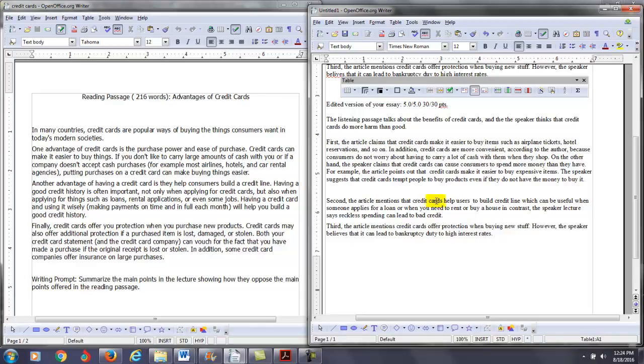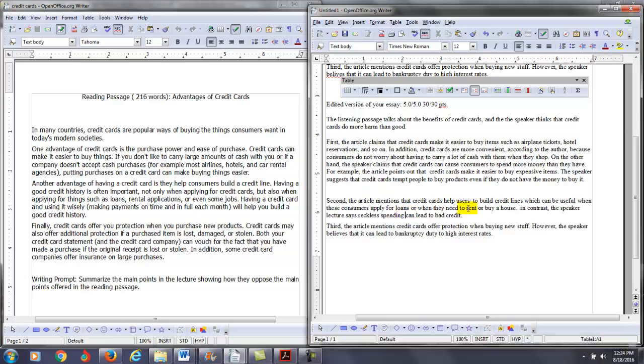So it says, the article mentions that credit cards help users to build credit lines, which can be useful when someone applies for, or maybe we'll say when these consumers, when these consumers apply for loans or when they need to rent or buy a house.